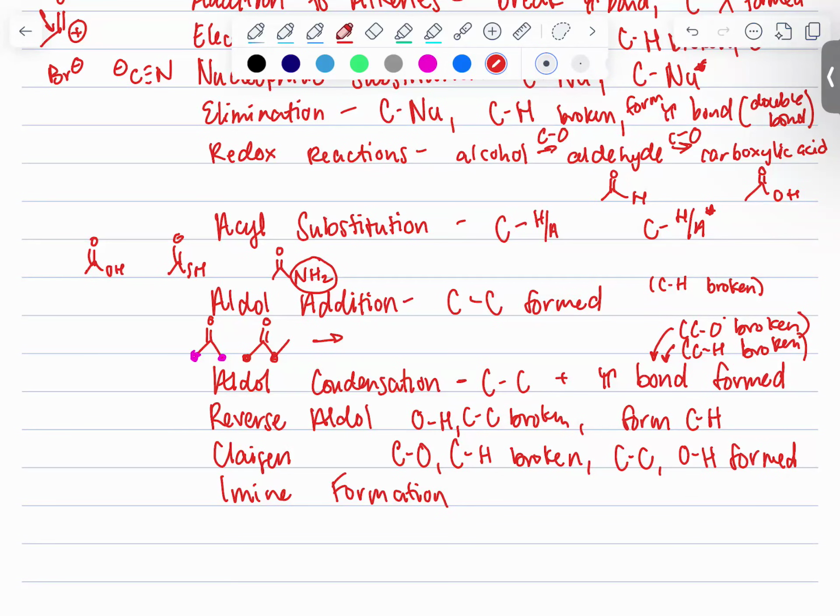It gets formed, but then it's broken at the end to reprotonate the alcohol that comes off of the two molecules joining. So you could put base proton in both your broken and formed, but it doesn't really stick around for the whole reaction.